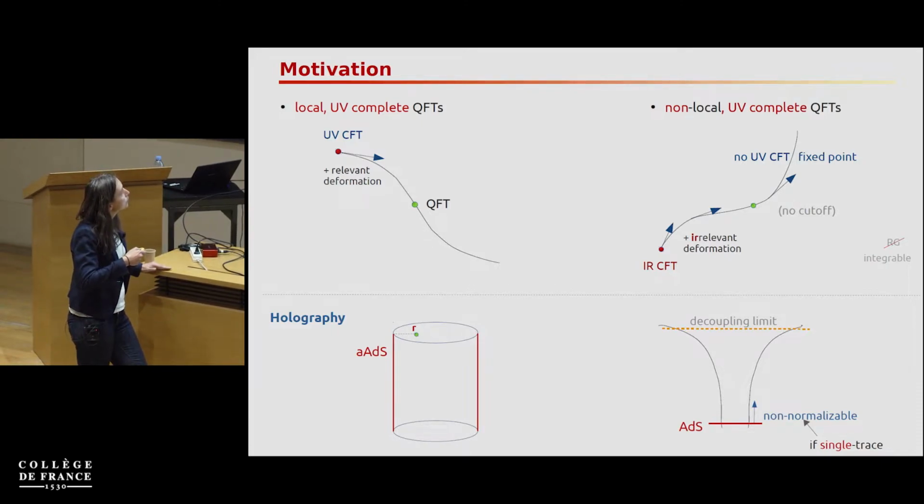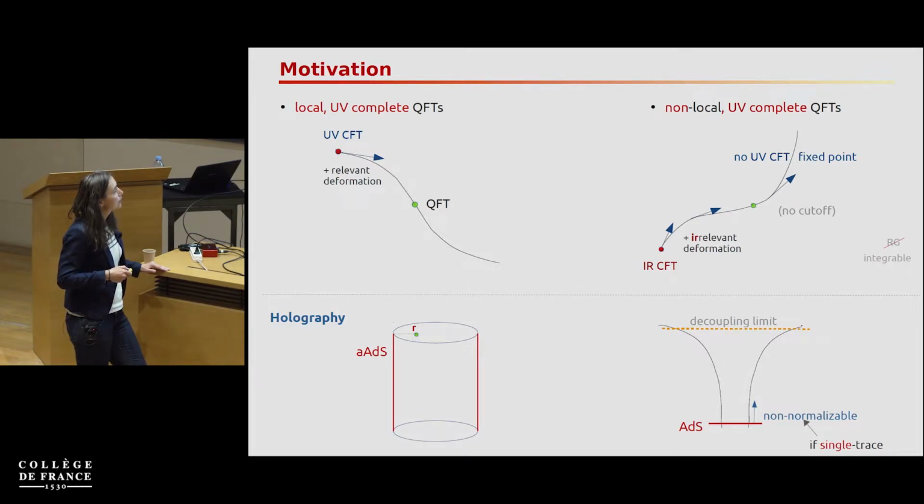This deformation triggers a so-called RG flow. Somewhere down this RG flow is the QFT of interest, and it's UV complete by construction. So this is what people normally do.